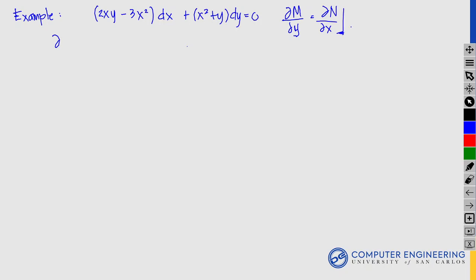So we partially differentiate 2xy minus 3x squared with respect to y, which should be equal to the partial derivative of x squared plus y with respect to x.